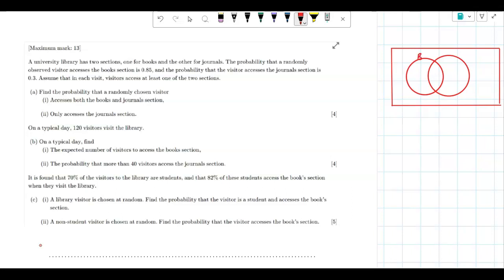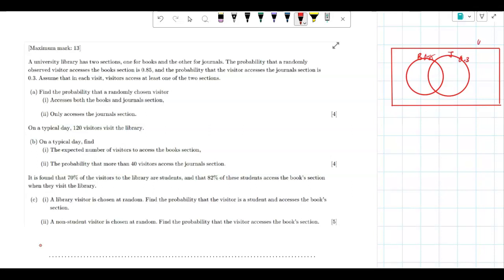So books, journal. Correct? The probability that a randomly observed visitor accesses the books section is 0.85. So you put this in the bracket, 0.85. And that he accesses the journal section is 0.3.